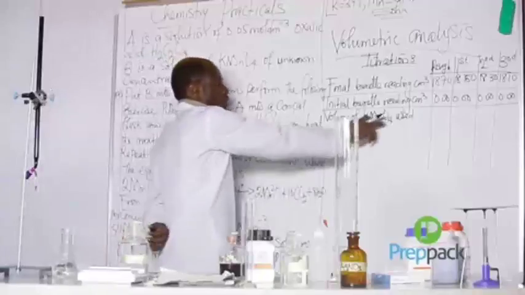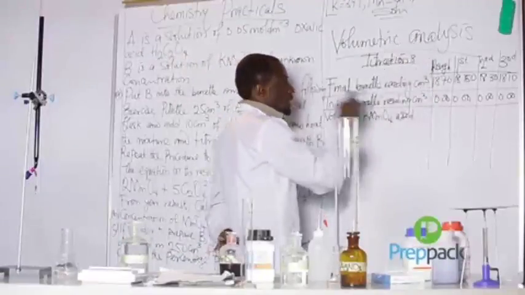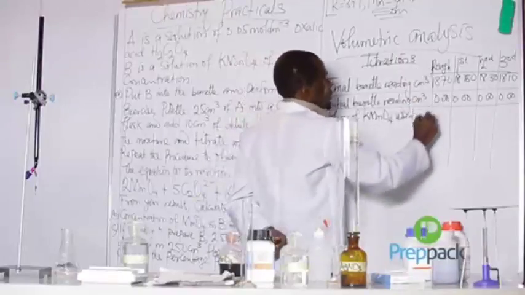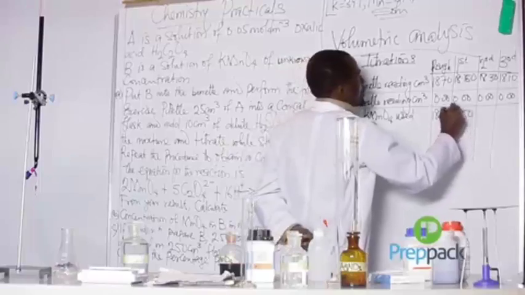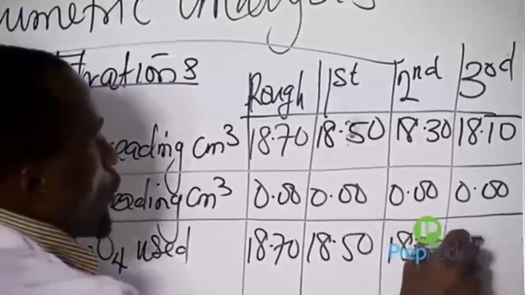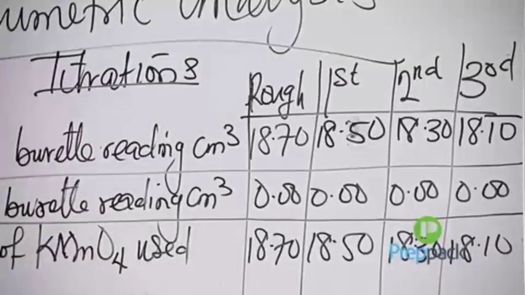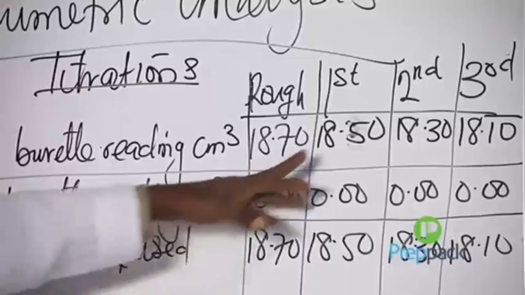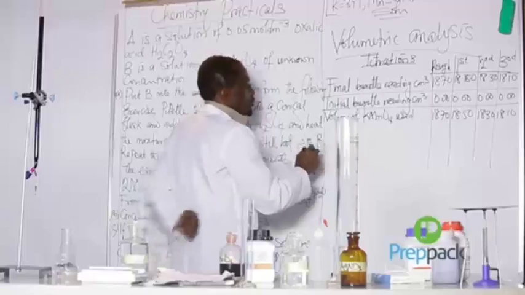So the volume of KMnO4 used is the difference between the final burette reading and the initial burette reading, which is 18.70, 18.50, 18.30, and 18.10. When it comes to titration, all the values must be in 2 decimal places. That's the standard.